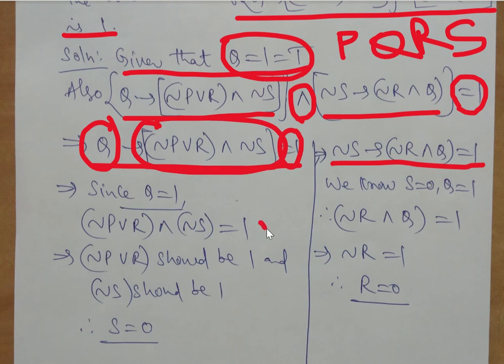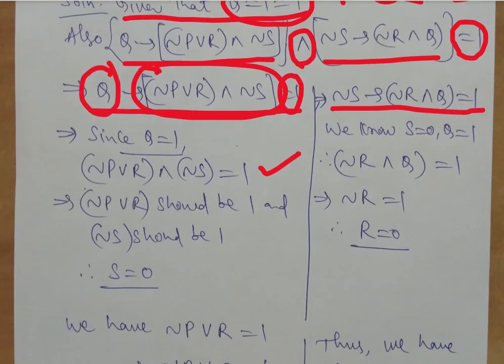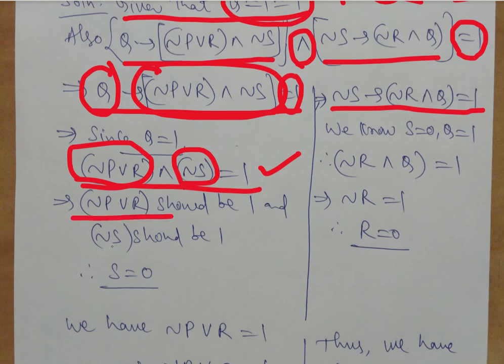So this is also true now. When this is true, since it is a conjunction, this is also true, applying the truth table of conjunction. So here, negation S is 1 means S is equal to 0. When negation S is 1, S is going to be 0. So from this we could get the S value.